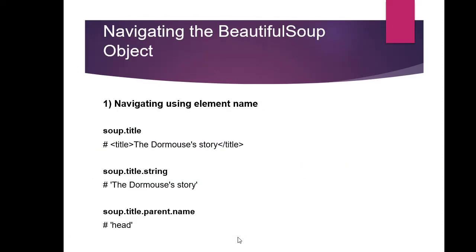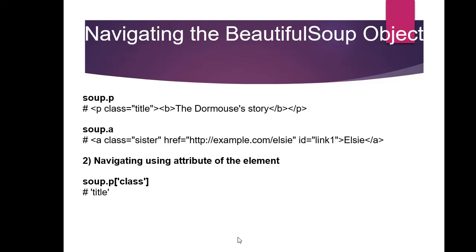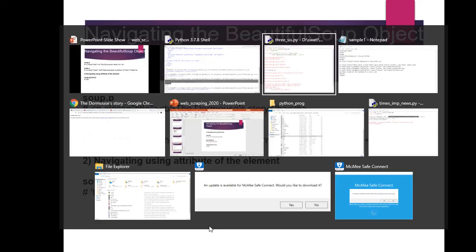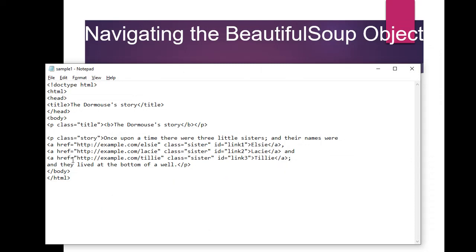Next is, this was about navigating using element name. Next is navigating using attribute of the element. So here earlier we just used to specify soup.p. Now we can specify the attribute of the element. So here, if you can see, p has an attribute called class.